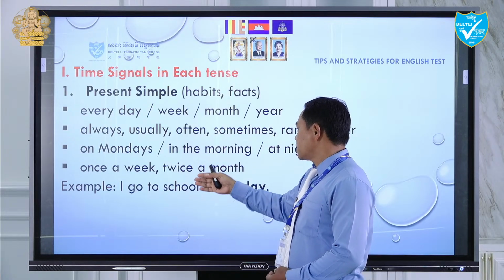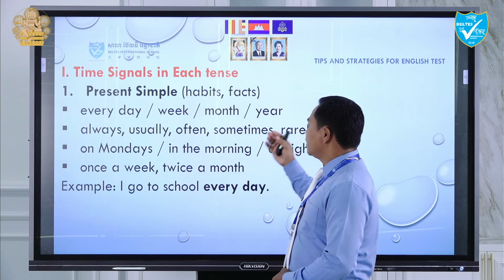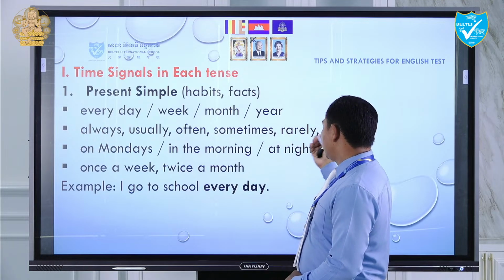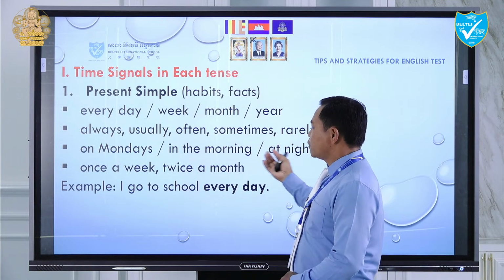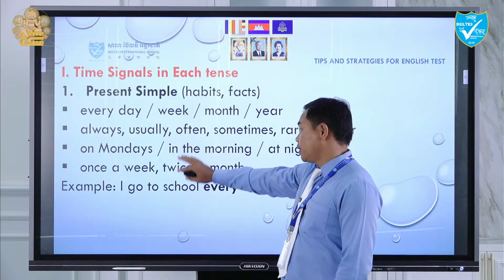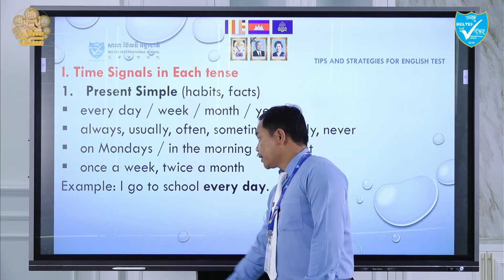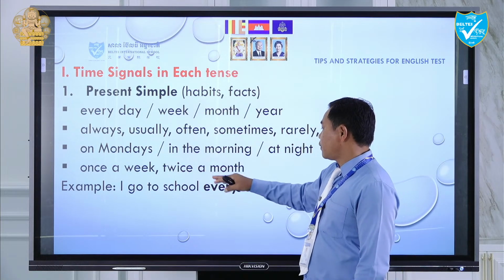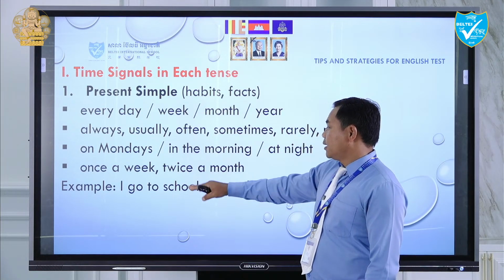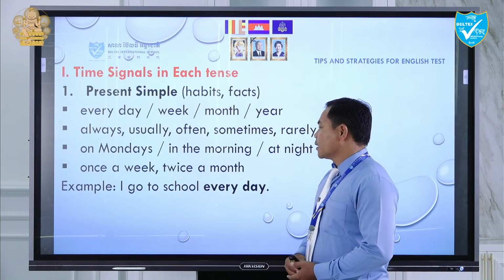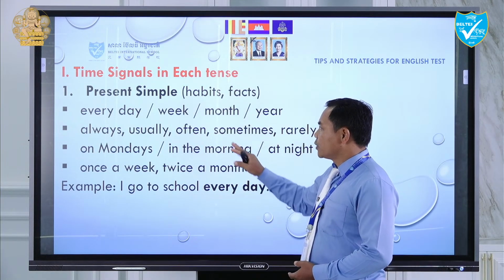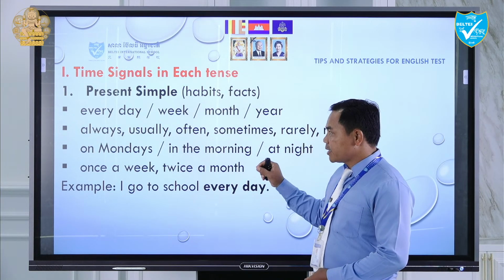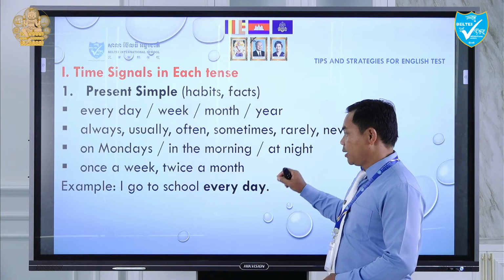On Mondays, in the morning, in the afternoon, at night are also time signals in present simple. Once a week, twice a month, twice a week, for repeated activity. So this is the key that you can identify a sentence about present simple.